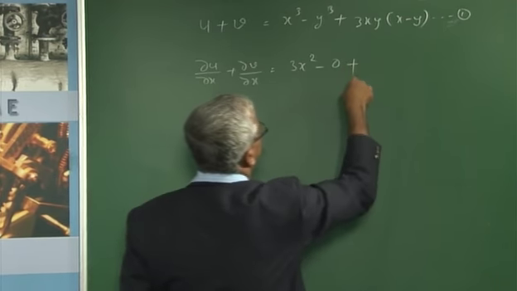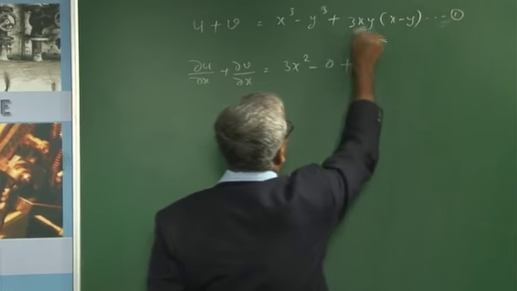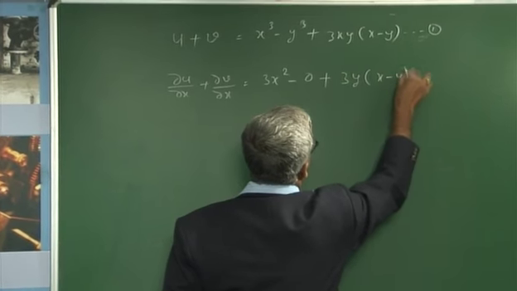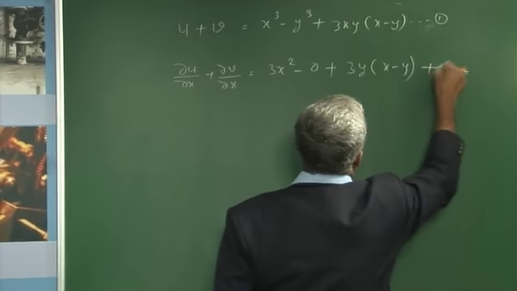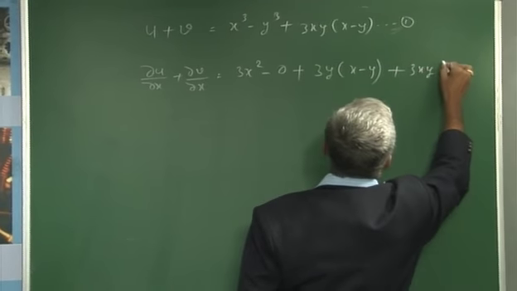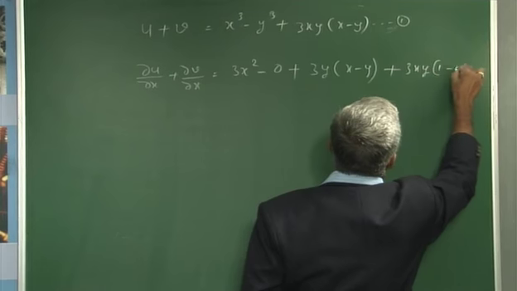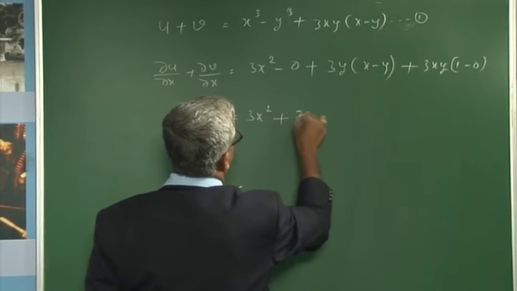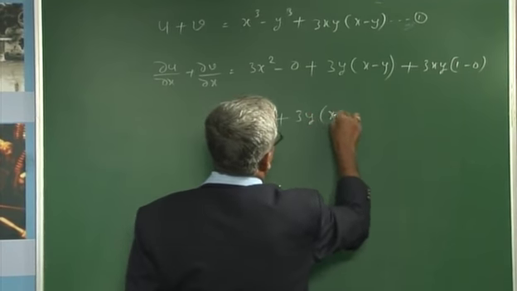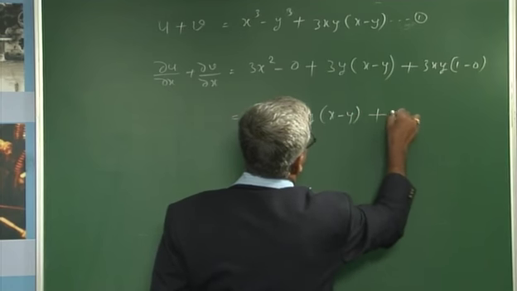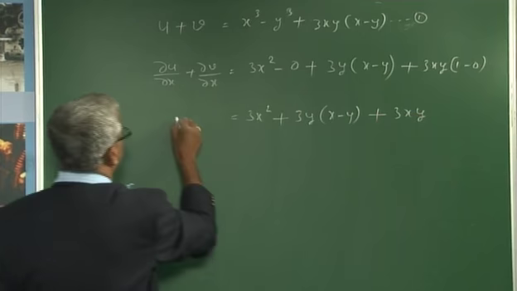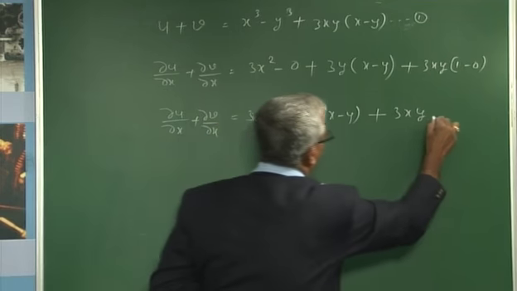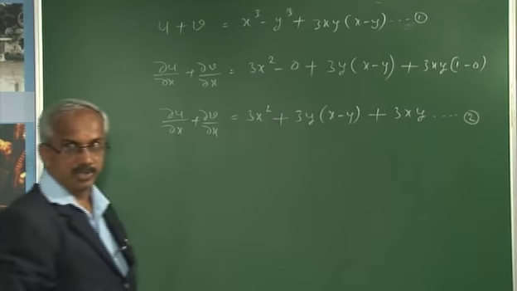Then by the product rule, it is 3y into (x minus y), plus 3xy into the derivative of (x minus y), which is 1 minus 0. This gives 3x squared plus 3y into (x minus y) plus 3xy, that is dou u by dou x plus dou v by dou x. Keep this one as equation 2.